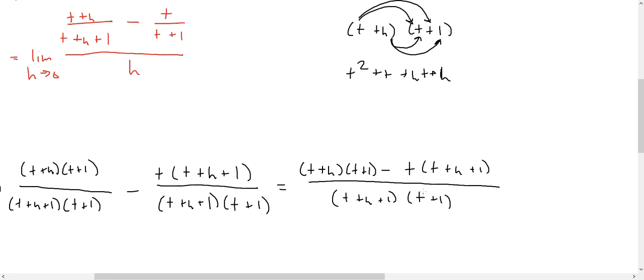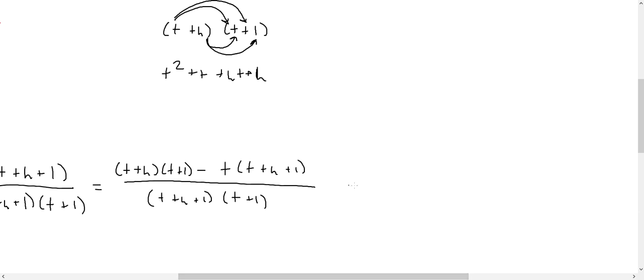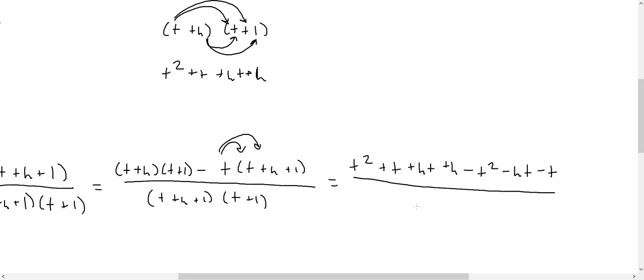So we can substitute that back in, so we have t squared plus t plus ht plus h, and then we're going to distribute this minus t to all these terms. So we're going to have a minus t squared minus ht minus t. All of this is going to be over t plus h plus 1 times t plus 1.